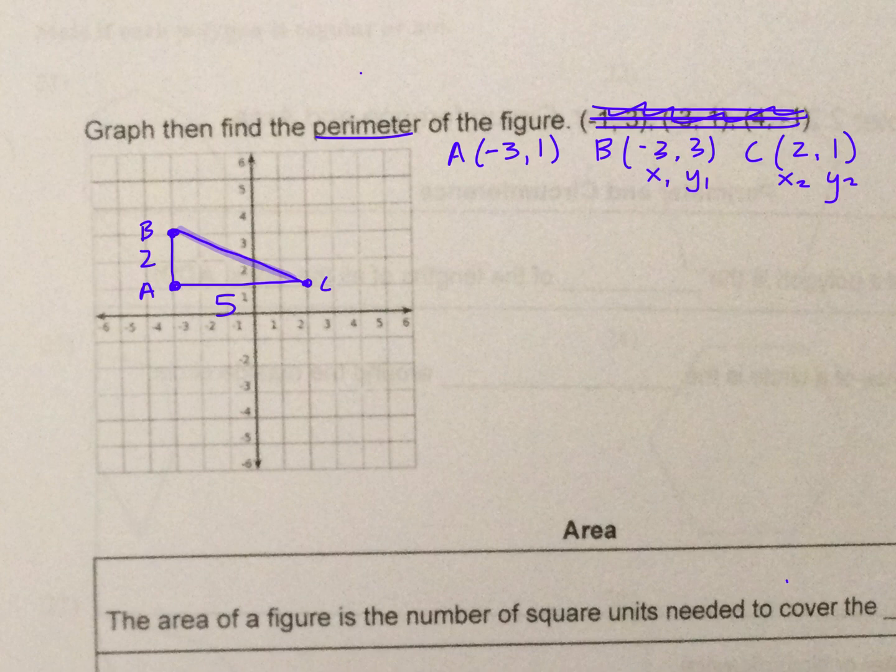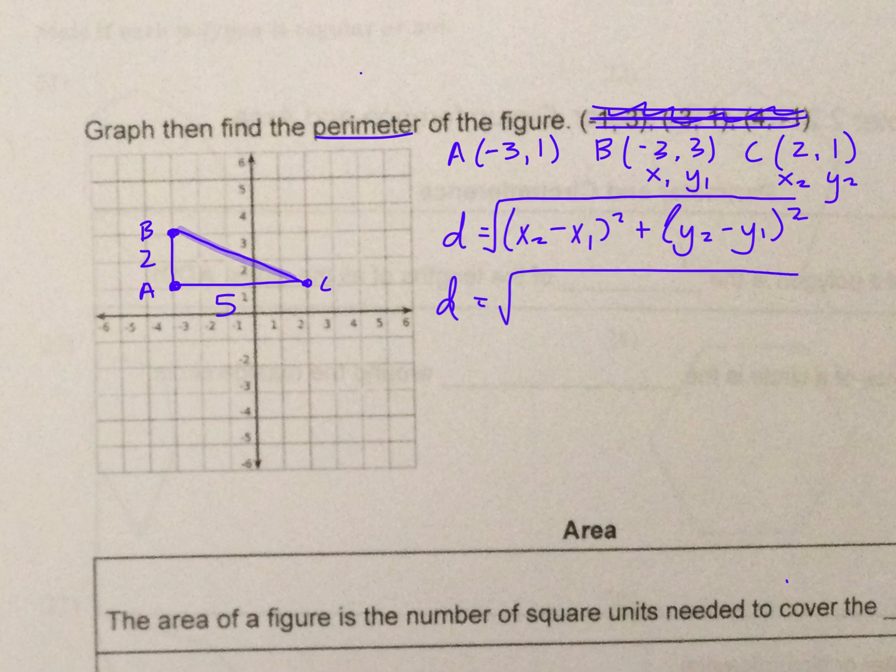So I'm going to put our numbers into it. So instead of x2, I'm going to write 2 minus x1, the negative 3, squared, plus y2, which is 1, minus y1, which is 3, squared.